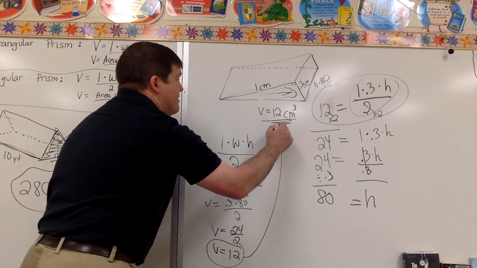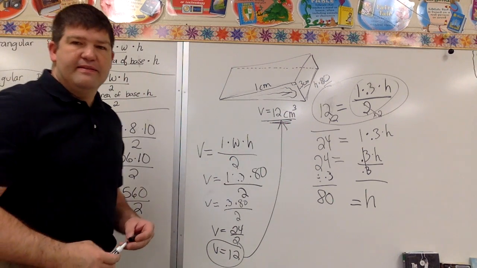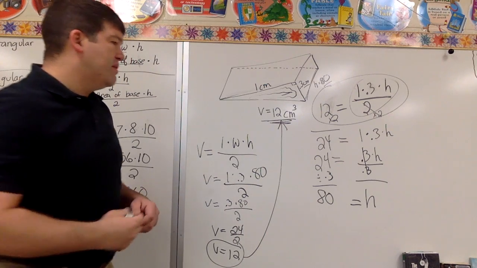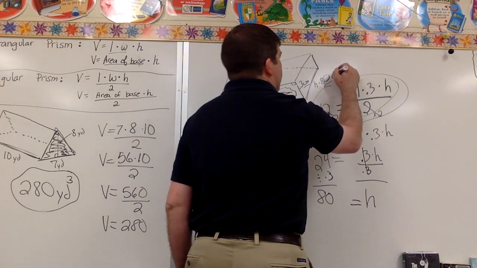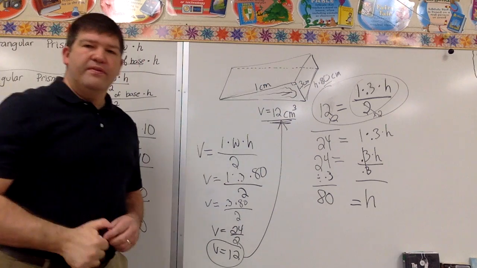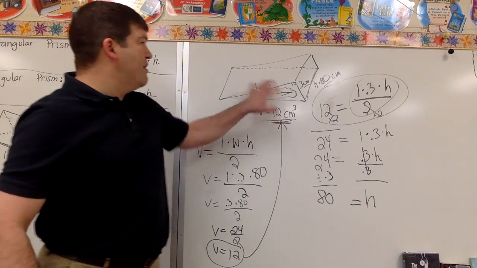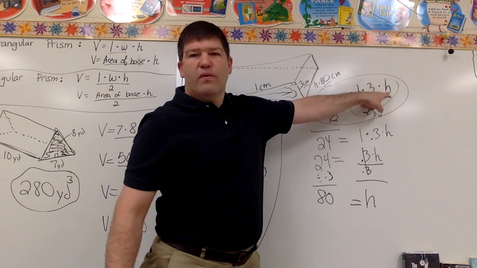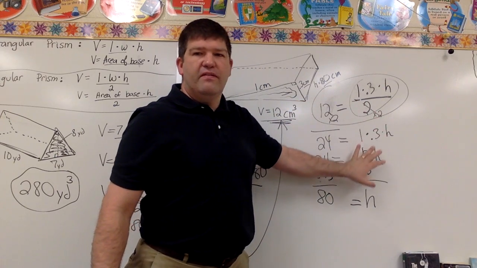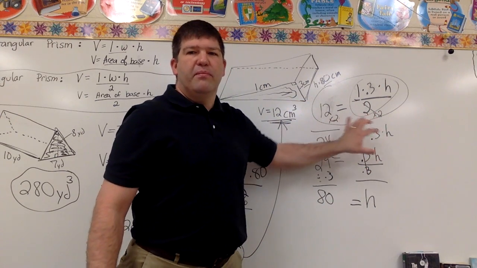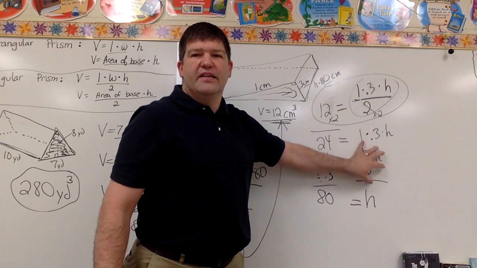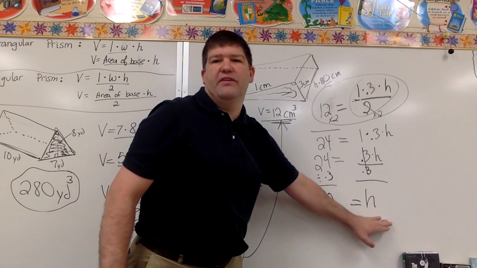Is that the same as this? It is 12 centimeters cubed. So the height is 80 centimeters. And the way I figured it out, I put it into my formula, solved for what was missing, did every step, slowly got rid of parts on this side until I was left with just my h.